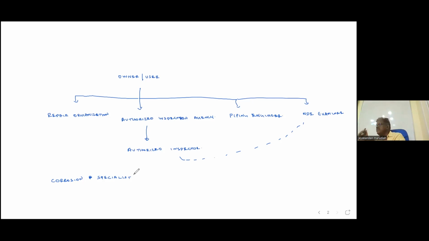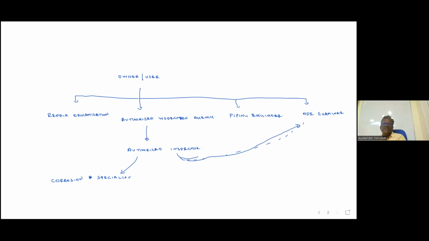Corrosion specialist is an independent person. He will be consulted by the inspector, so you can mark a draft. Whenever the inspector has a doubt about the corrosion, he will consult a corrosion specialist. He is not part of the team.